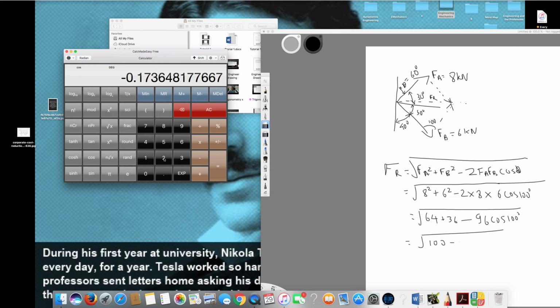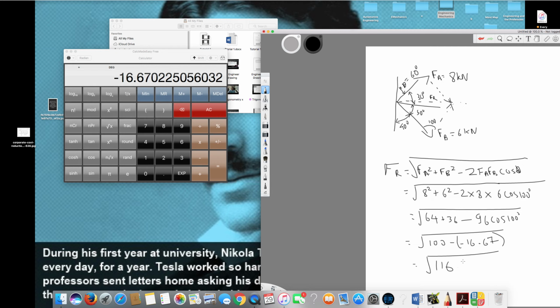So cos 100 is some negative number. I multiply by 96. So it's going to be negative 16.67. So negative, negative, positive. So we can directly put it as 116.67.